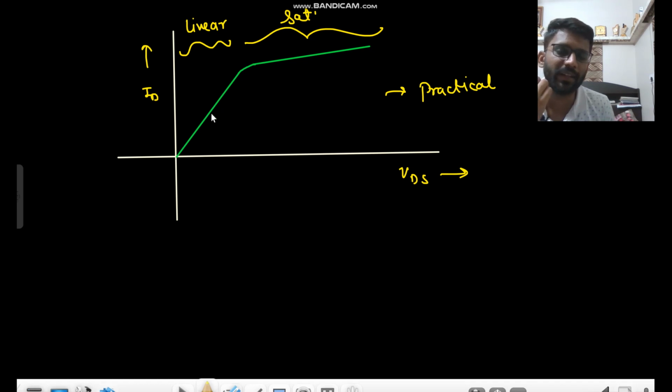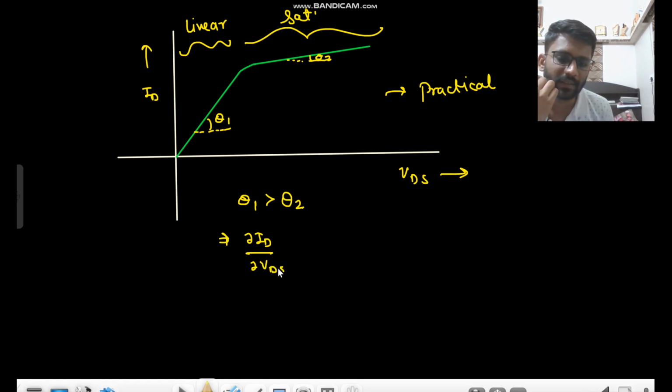So practically here you can see this theta 1 and this is theta 2. So theta 1 is greater than theta 2. That means your del ID by del VDS is greater in case of triode region, and lesser in case of saturation region.